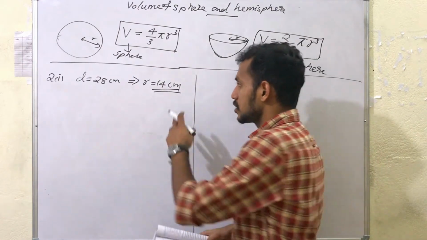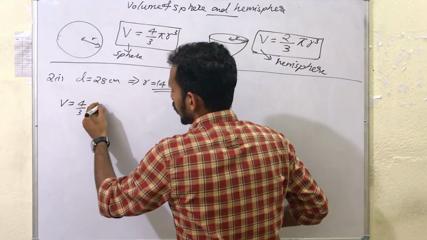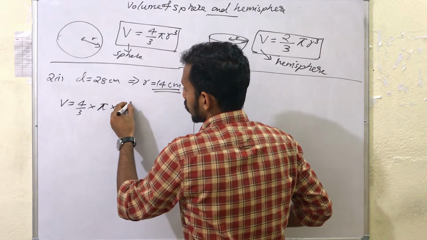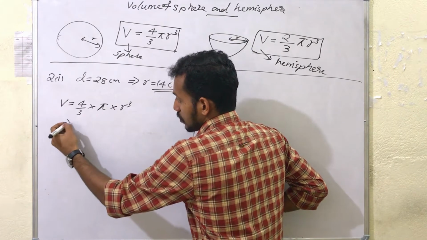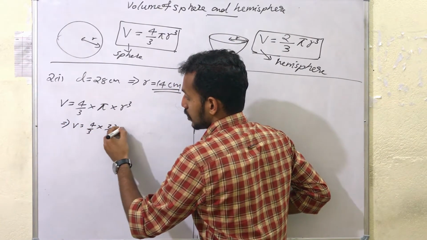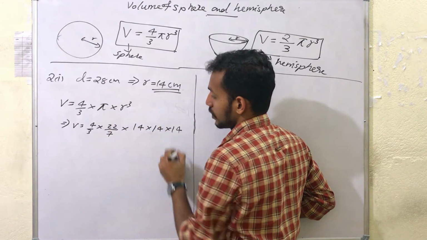So here radius is given, therefore the volume will be 4 by 3 into pi into r cube. So volume is equal to 4 by 3 into 22 by 7 into the radius 14. So r cube will be 14 into 14 into 14.